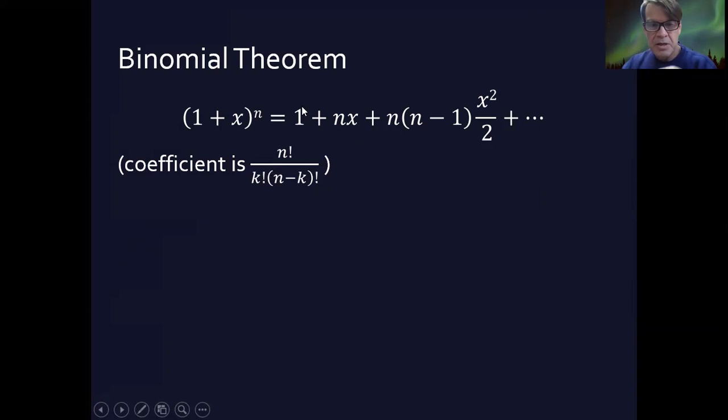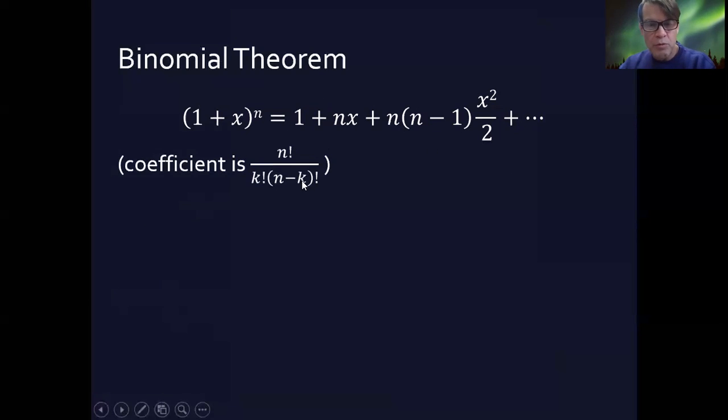So this is 0, this is 1, this is 2, then there'd be a 3 and 4 and 5 and 6. So k is which one we're on, so this gives us the coefficient for whichever one we're on.